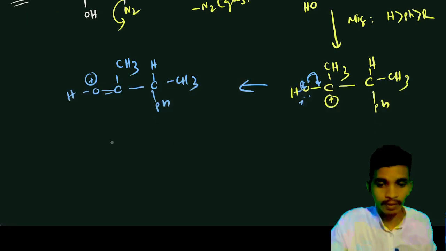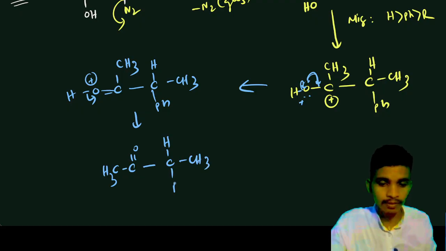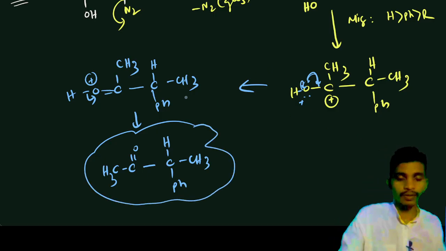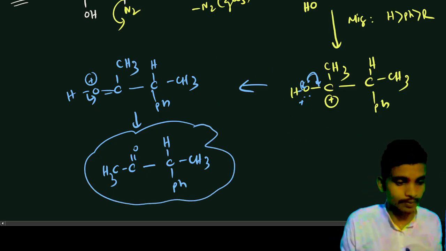Okay, so now what will happen, this will leave here, then we will get that C double bond O, and here CH3 and here C, here H, here CH3 and here Ph. So this is the final answer for this question. So likewise we will solve the questions.